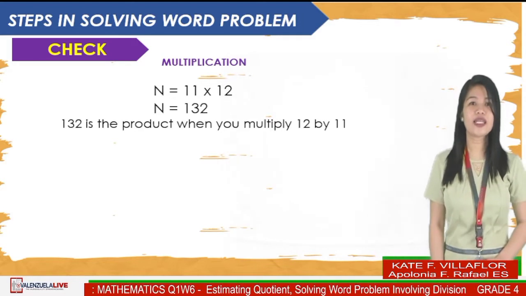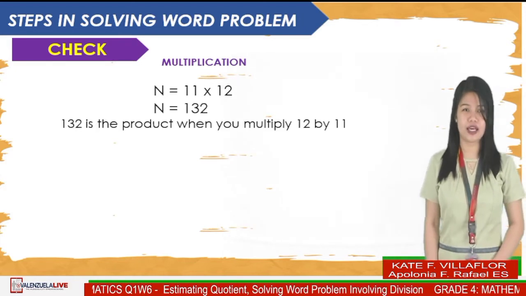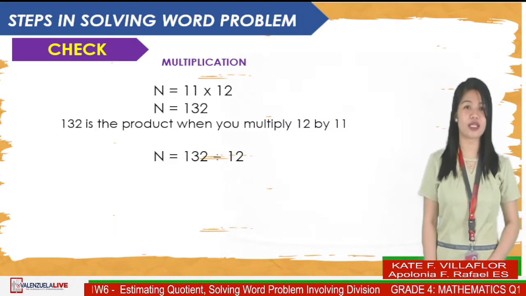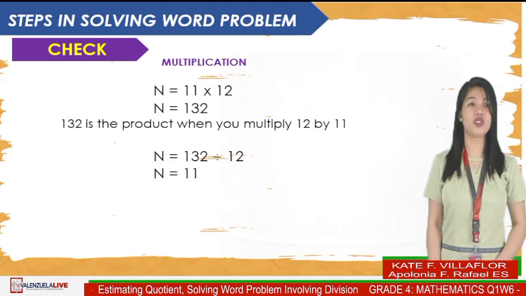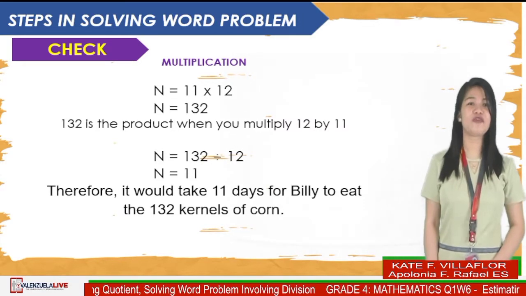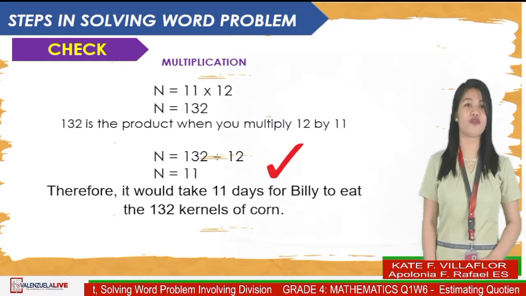N, where N is the product when you multiply 12 by 11. N is equal to 132 divided by 12. N is equal to 11. Therefore, it would take 11 days for Billy to eat the 132 kernels of corn.